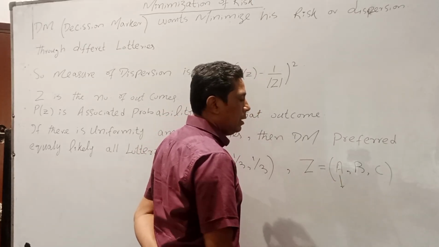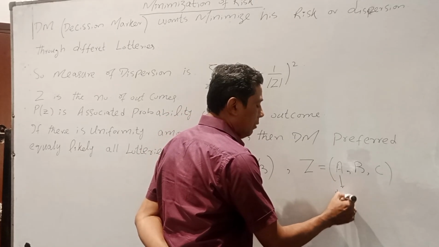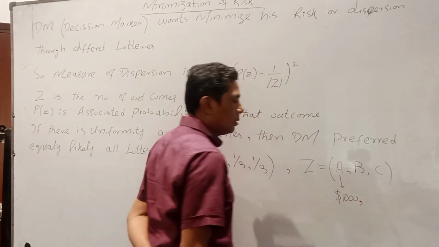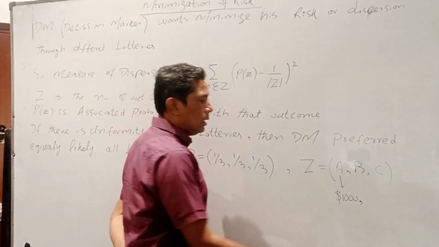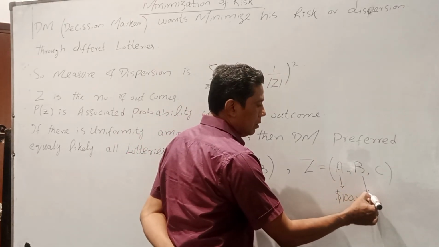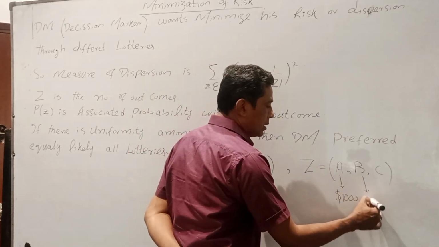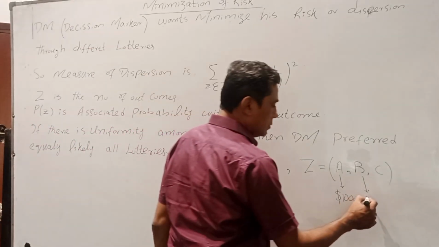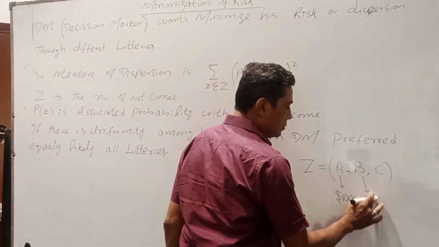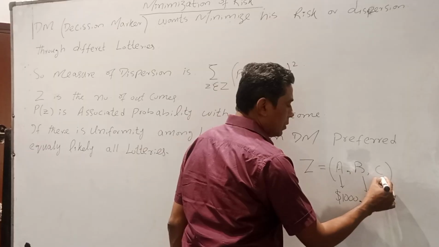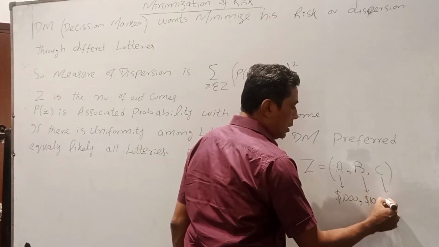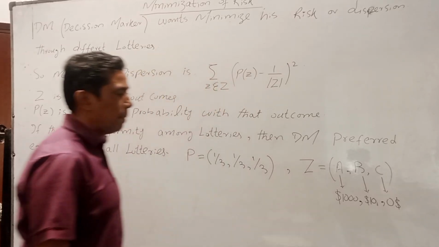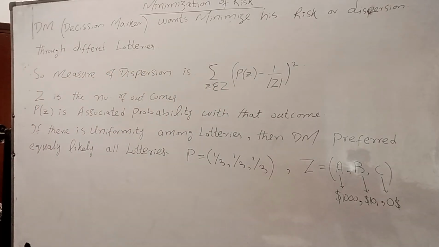In case of A, you have $1,000 to win. Clear? And in case of B, you have, for example, $10 to win, or in case of C, you have $0 to win. You got my point? Clear?